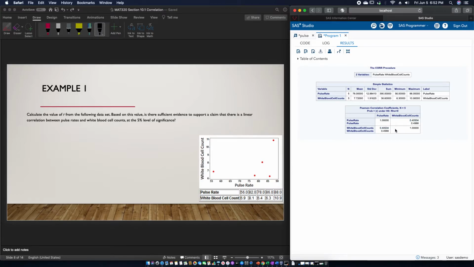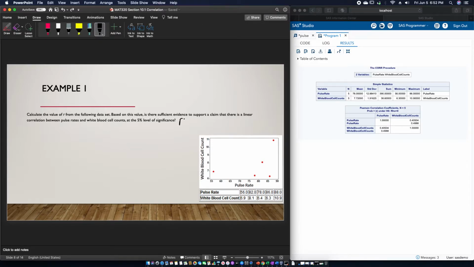So in both of them, we obtain a linear correlation coefficient of about 0.405. Alright. And we could interpret that.